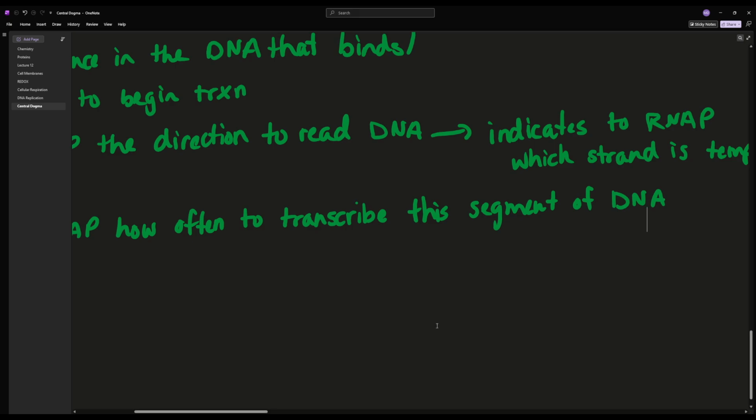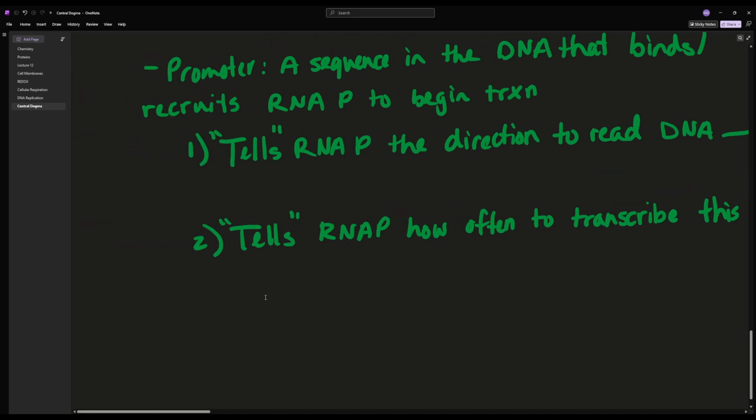Okay, what I mean by that is whenever RNA polymerase touches the promoter and binds to it, we're going to make an assumption here: that transcription is going to occur.